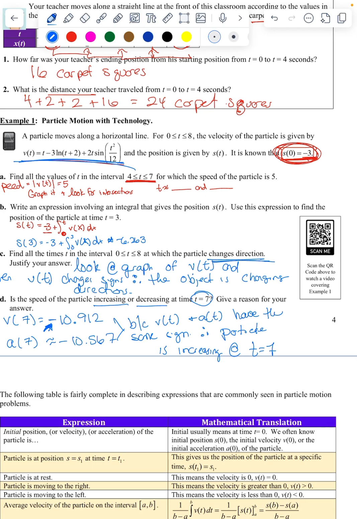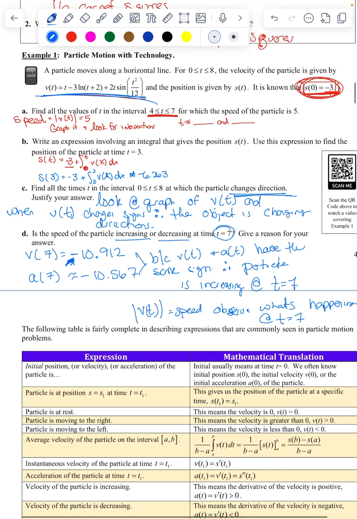So if you graphed the absolute value for speed and then observe what's happening at t equals 7, you will see that the curve is going up. So the points before it are less and the points after it are greater.